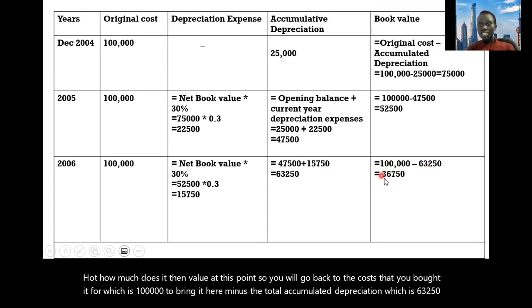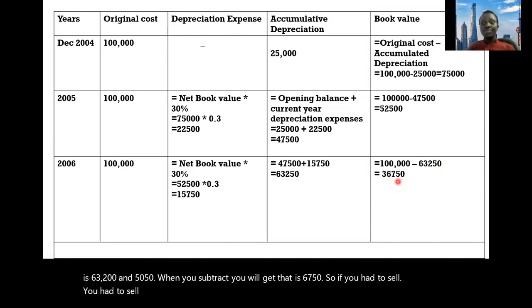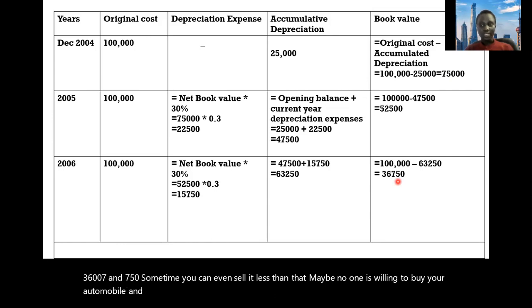When you subtract, you get 36,750. So if you had to sell this automobile this year, you would only receive 36,750. Sometimes you can even sell it for less than that. Maybe no one is willing to buy your automobile and they're offering you 25,000 instead of 36,750.